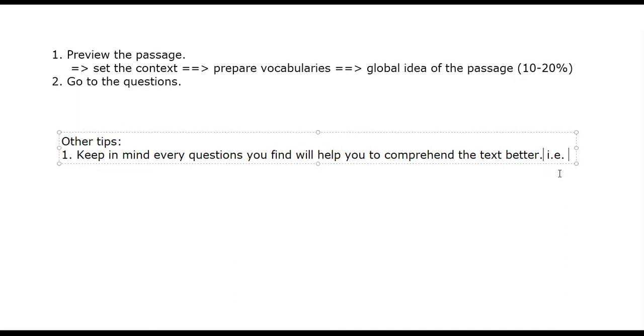But remember, by answering the previous questions, you're actually being prepared to anticipate the difficult questions. So every question you find will help you comprehend the text better. That's what you need to know.